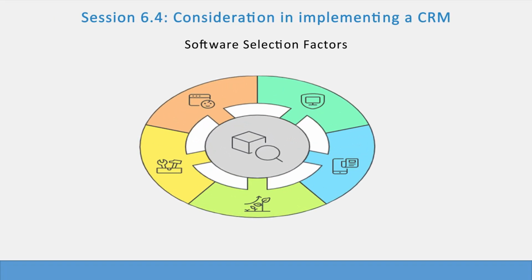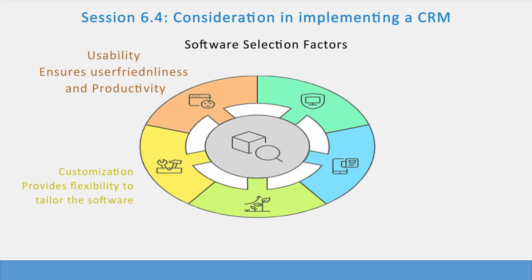There are different software selection factors. Usability. More often than not, the thing that stops businesses from adopting new technology is the fact that teams are uncomfortable with using it. So it's important to ensure that the CRM you use offers a clean interface, a great user experience, and is easy to pick up for everyone who'll be using it. Customization.